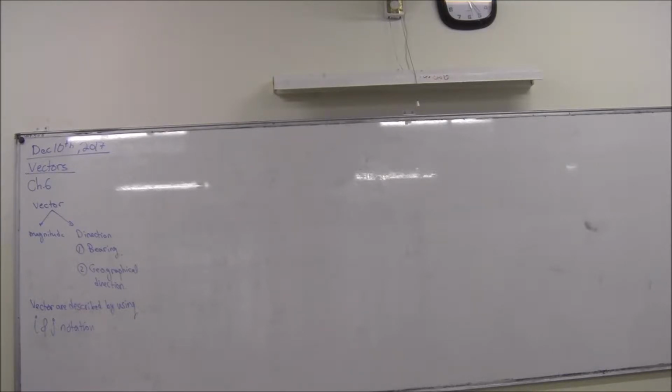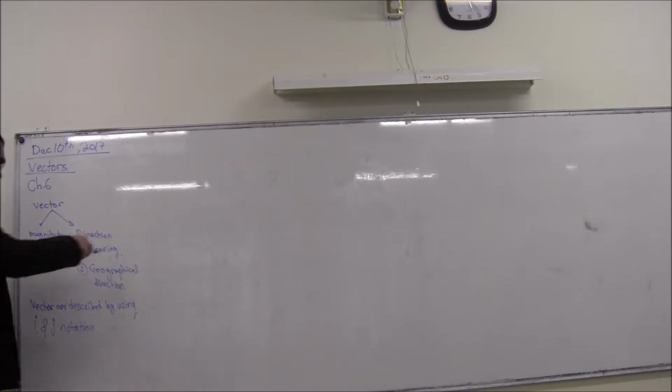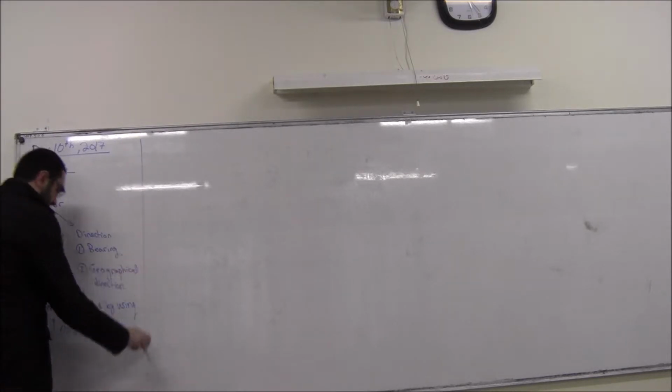Okay, guys. In I and J notation, I is the number of units along the horizontal axis, or x-axis. J, pay attention here, is the number of units along the y-axis.